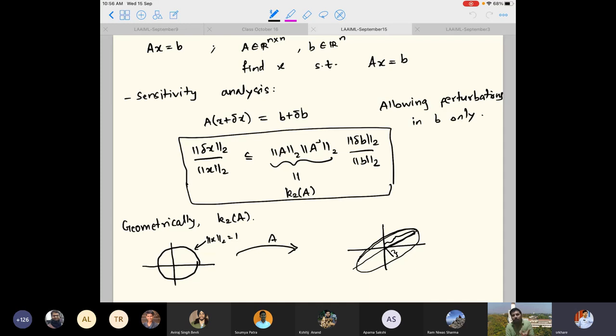Until the end of next week, we'll be talking about least squares problems, how to solve them, and sensitivity analysis of least squares problems. That's what I'm planning to do from tomorrow onwards.